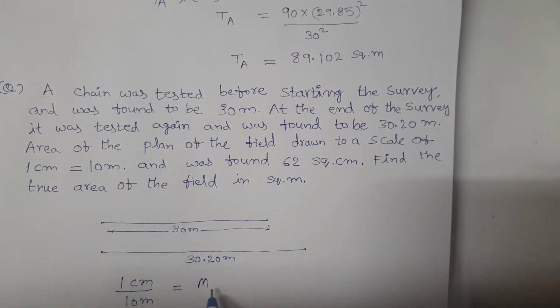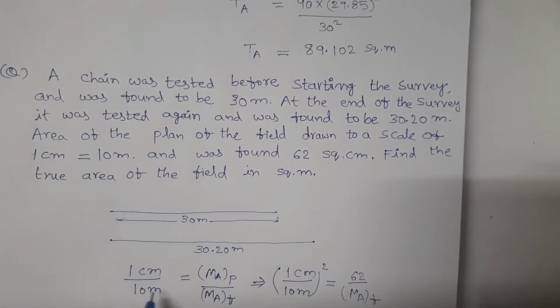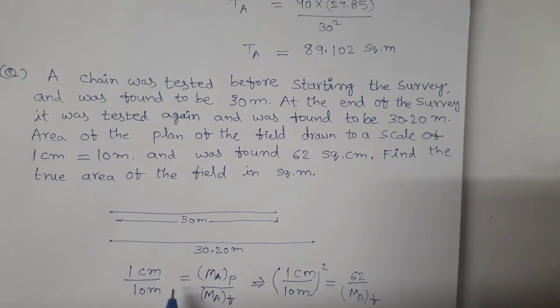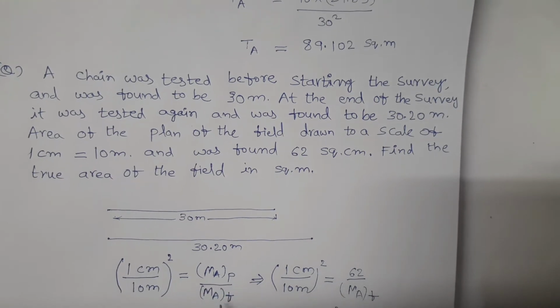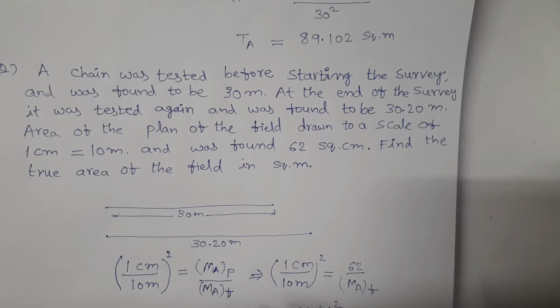Measured area in plan divided by measured area in the field. The scale ratio is 1 centimeter to 10 meters. We have to take the square of the scale ratio and equate it to measured area of the plan to measured area of the field.